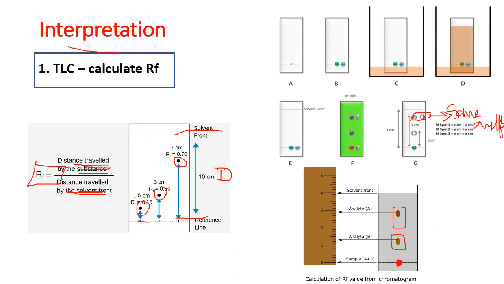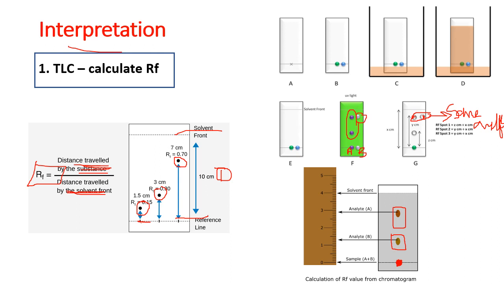So if I gave you, for example, TLC F and I asked you to interpret it, what will you say? I will say, here I have two samples, sample A and sample B. In sample A, I got two different analytes, but in sample B, I got just one analyte.